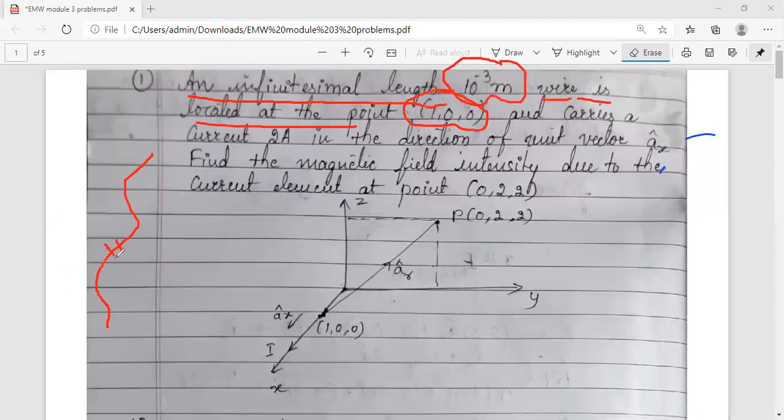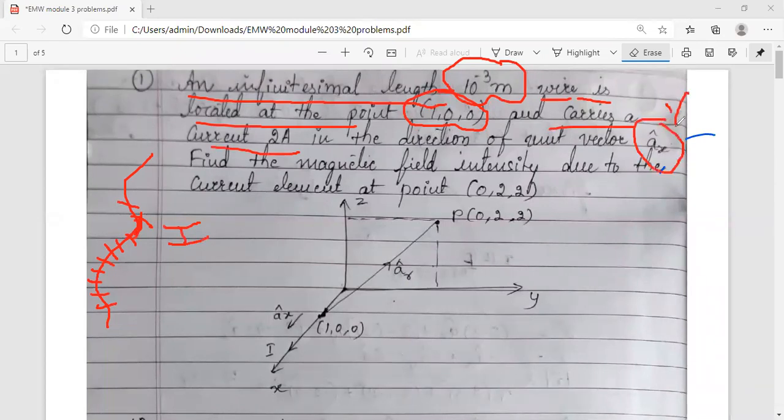This conductor is divided into many smaller elements of infinitesimal length, means as small as possible. That length, dL, is given to you. One small part length is given, and it is located at a point specified in the problem. And it carries a current of 2 amperes.